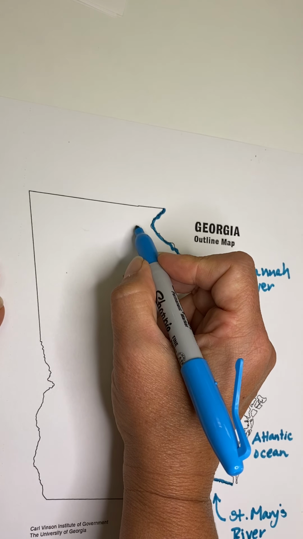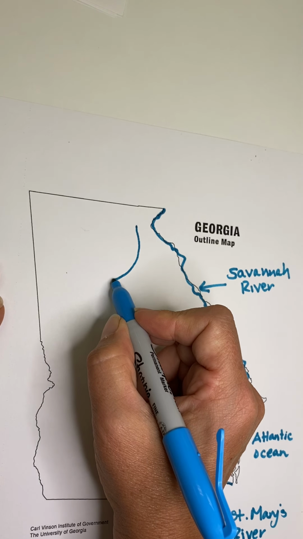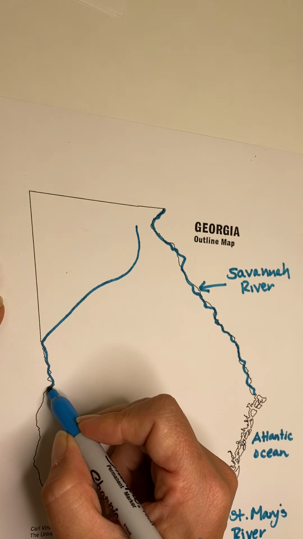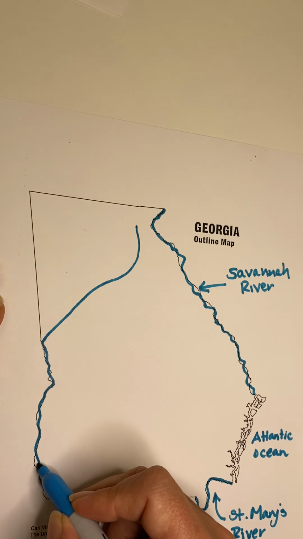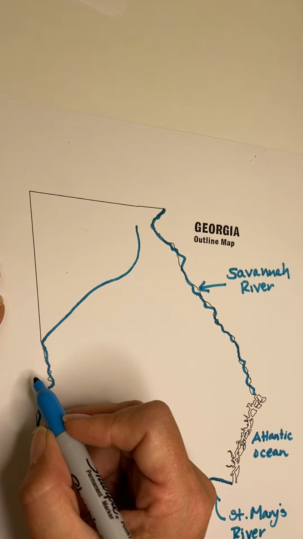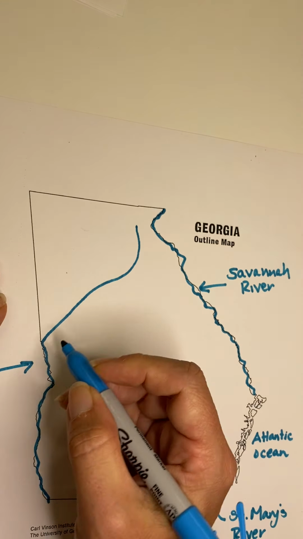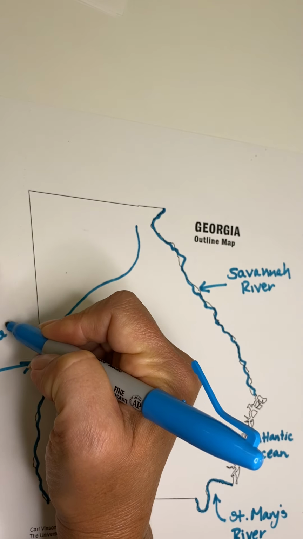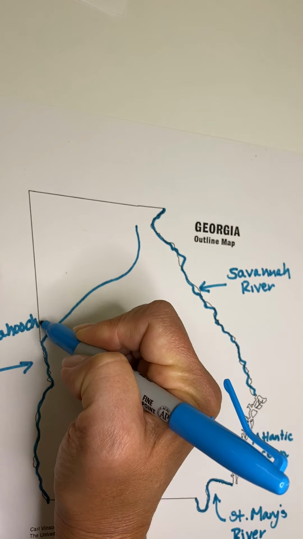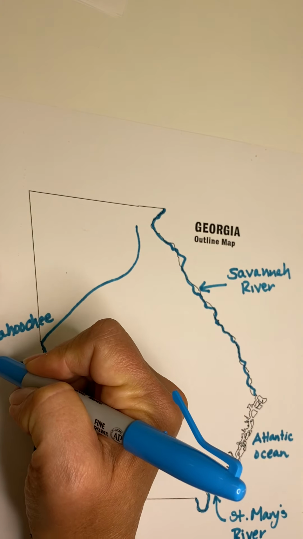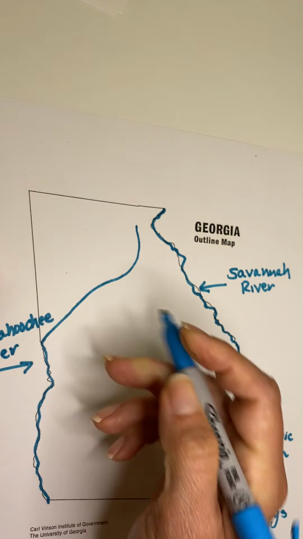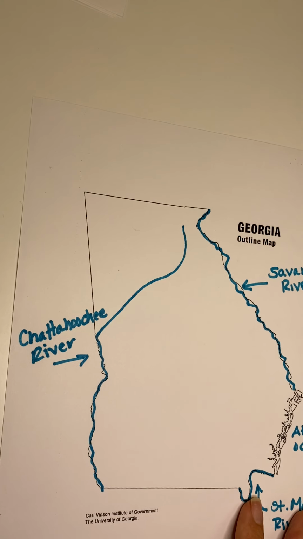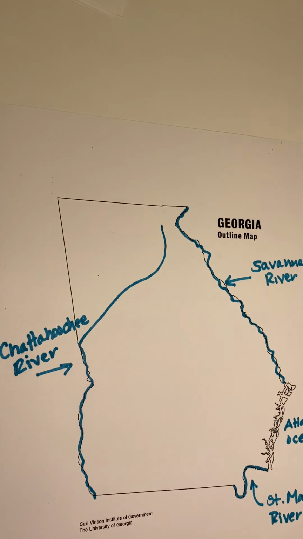It starts up here in the north, curves here just above Atlanta, and then forms our border with Alabama. And that's the Chattahoochee River. Okay. So that's the first thing that I like to start with there. You can see Chattahoochee River there.